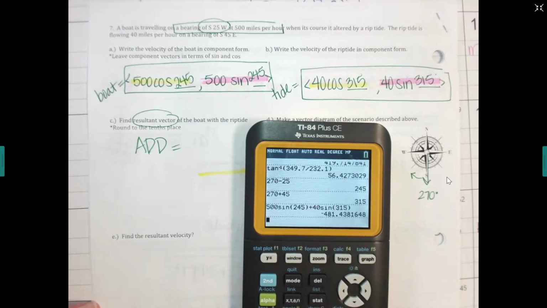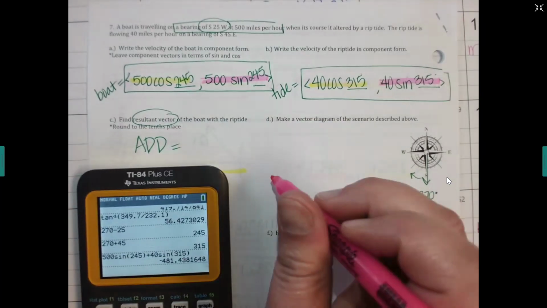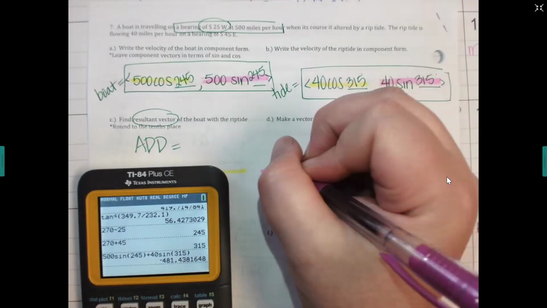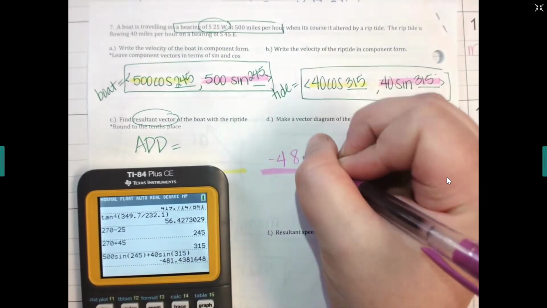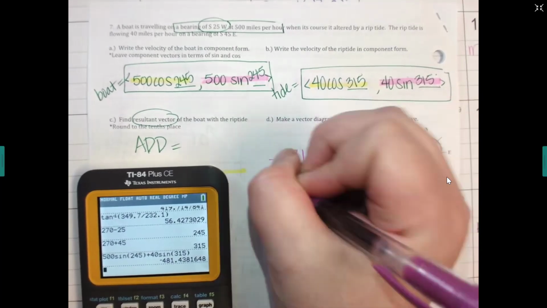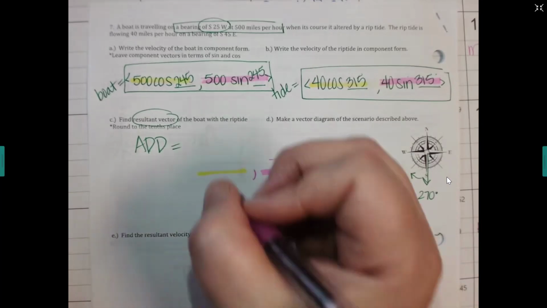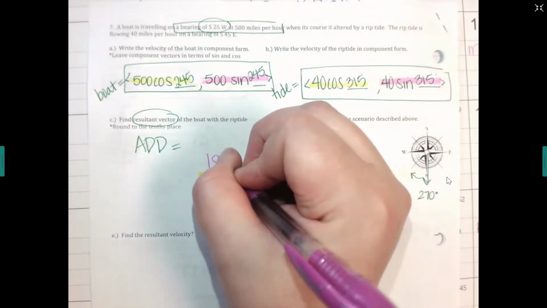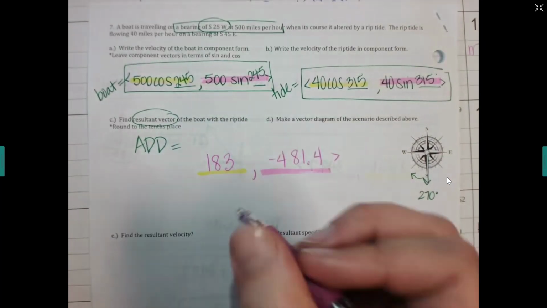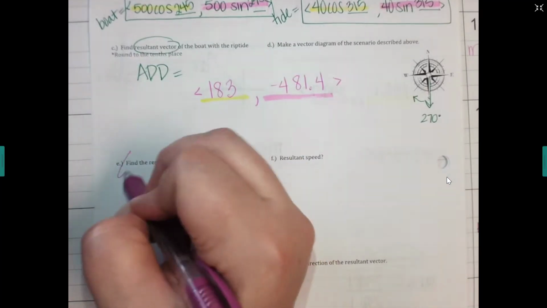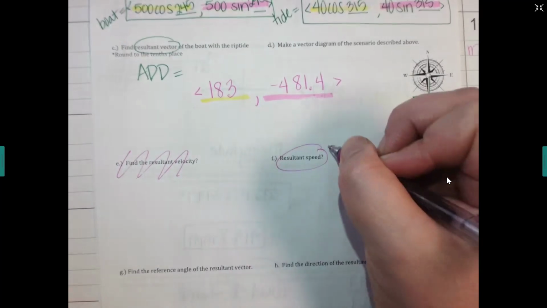So the y value came out to negative 481.4. And then what's the x? 183 even.